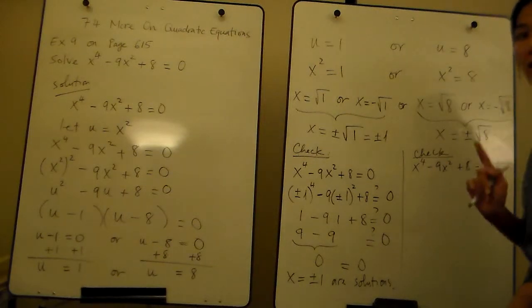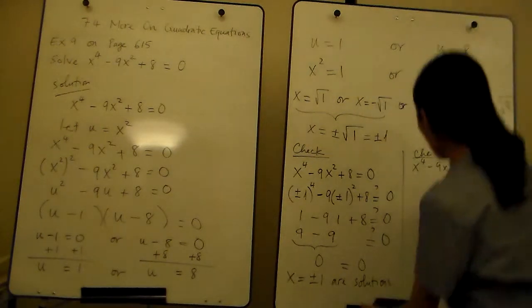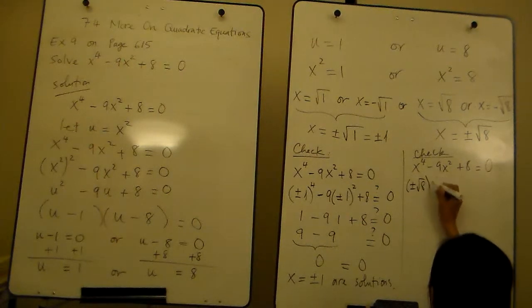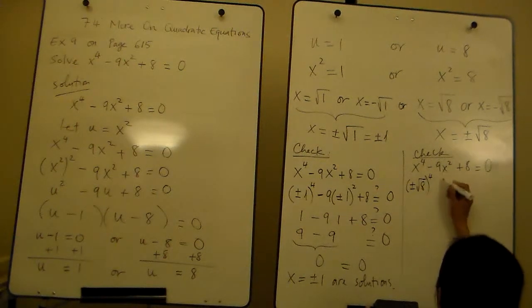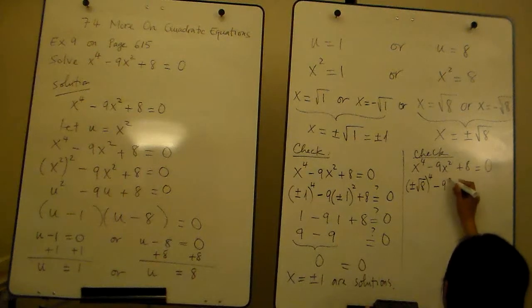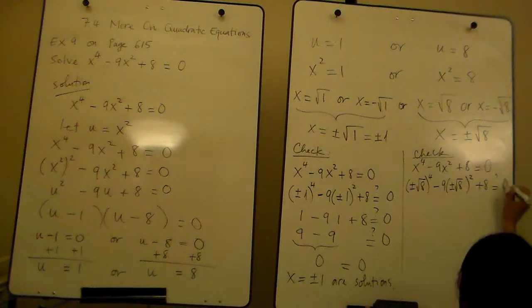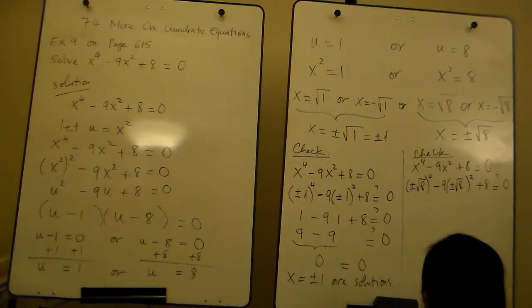You only need to check once for two solutions. So x is positive and negative square root of 8, raised to the 4th power, minus 9 times plus or minus square root of 8 raised to the 2nd power, plus 8, and you want to see if it's equal to the right hand side.